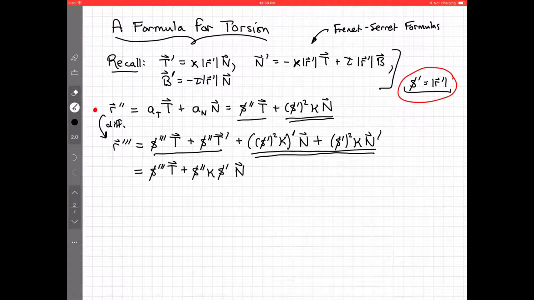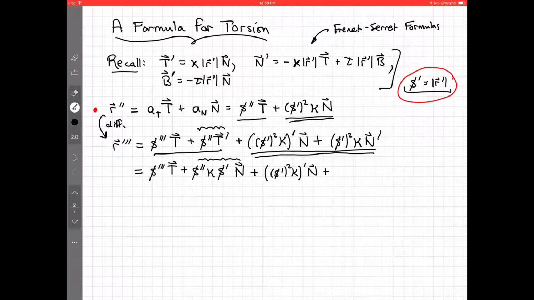Right, so that's just taking this guy and replacing it with what the Frenet-Serret formulas say. Okay, and then let's add to that our what will turn out to be a garbage term here times n, and then I'm going to replace n prime with what the Frenet-Serret formulas say about it.